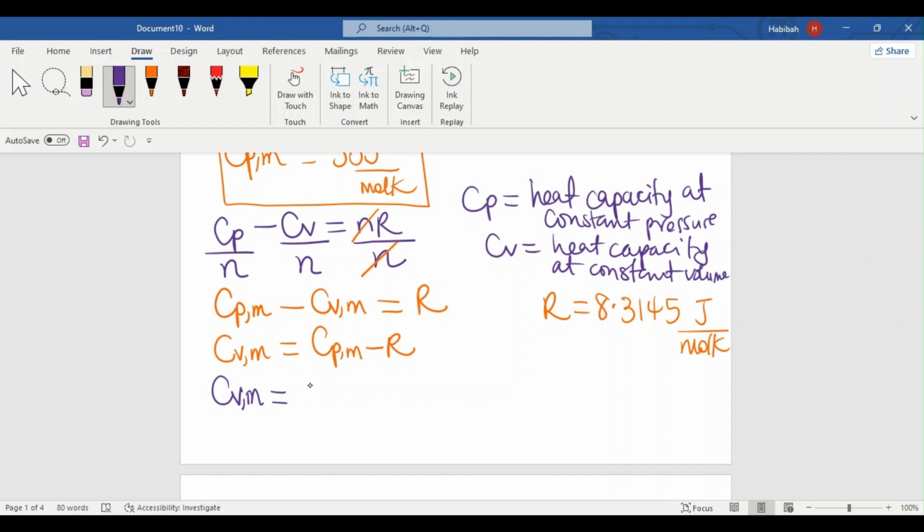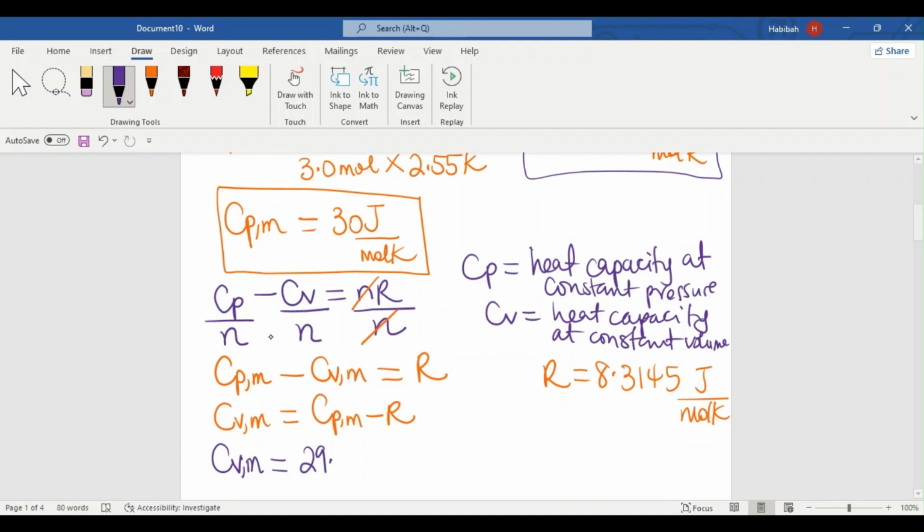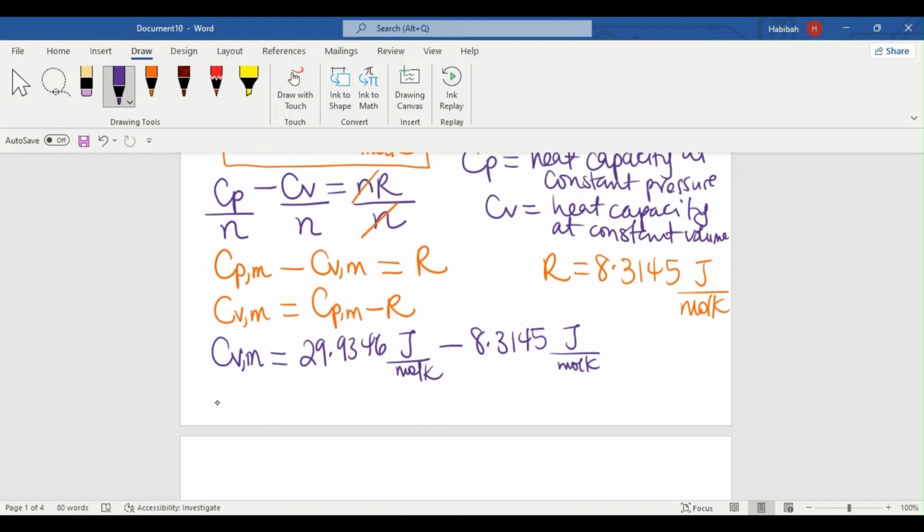So you have 29.9346 joules per mole Kelvin minus 8.3145 joules per mole Kelvin. So C_V,m is the same thing as 21.7896 joules per mole Kelvin.